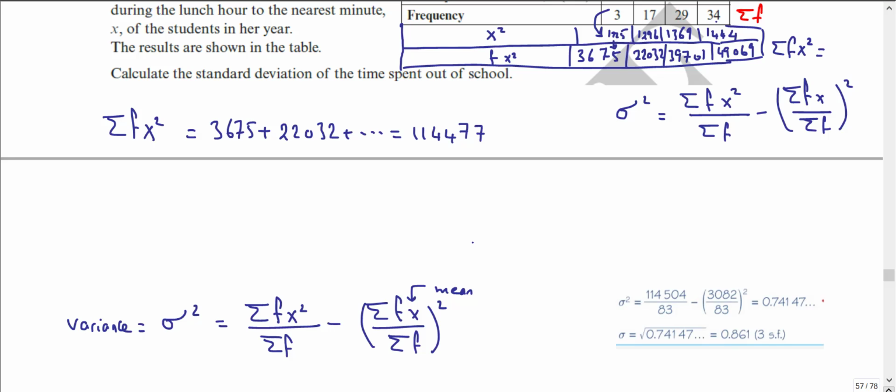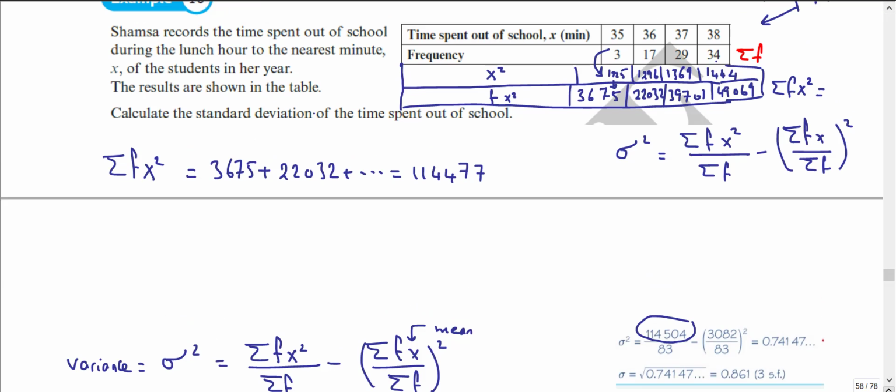There's something wrong. The answer here is 114504. It might be a calculation mistake, maybe a calculator mistake. So let's say it's 114504. We have found sigma fx squared. Okay?